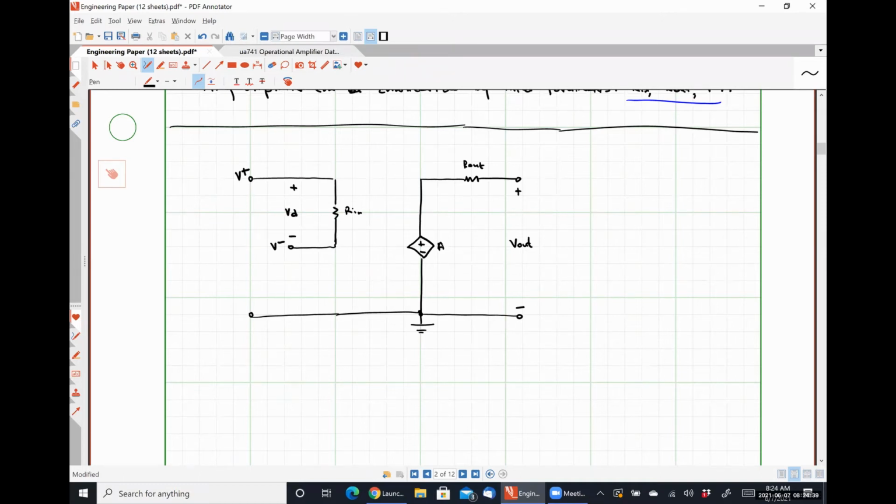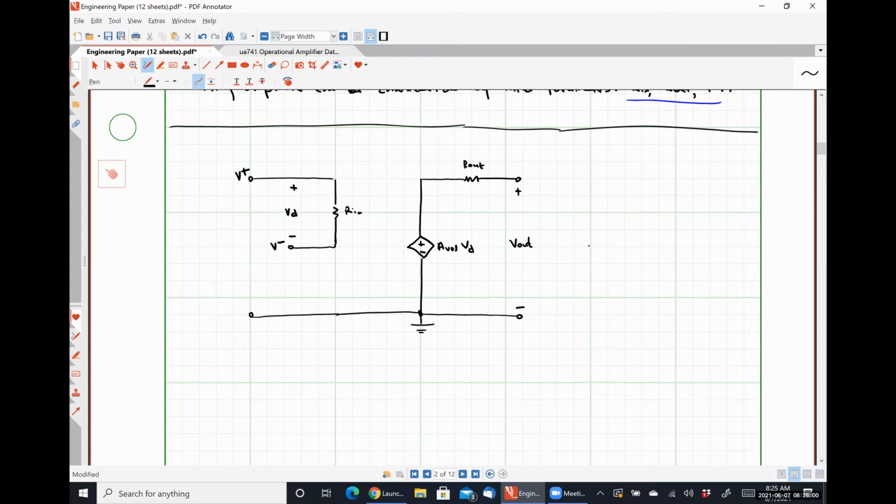So what the dependent source does in our practical op-amp model is it takes what's called the open loop gain, or the characteristic gain of the amplifier, and multiplies that by that differential voltage vd to create our output signal.